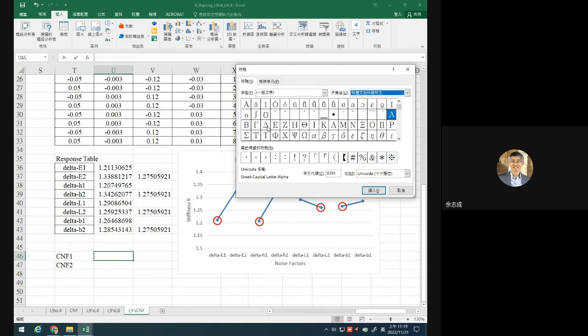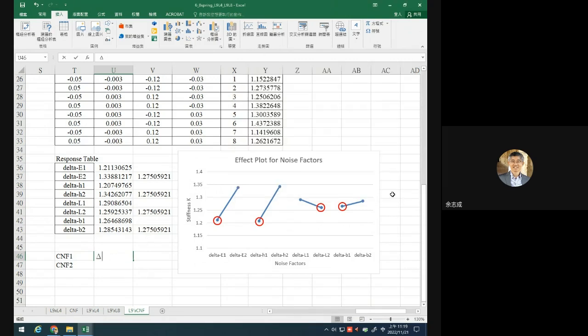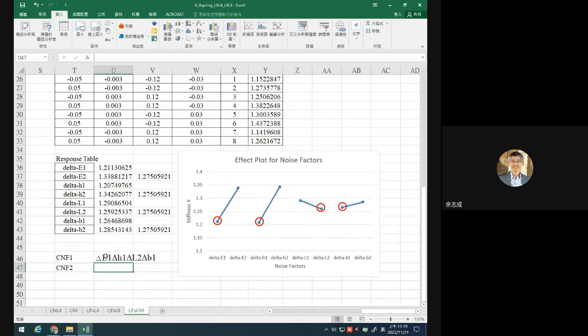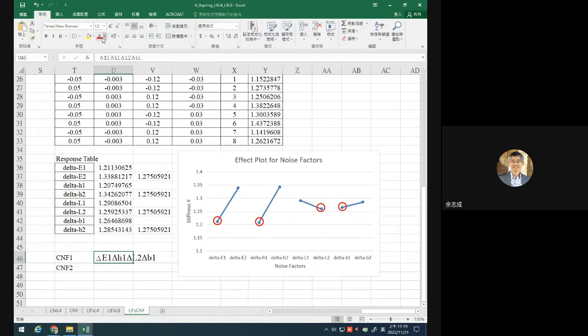Insert delta, and from here delta E, E1, and also delta H1, L2, E1. This is the compound noise level 1.